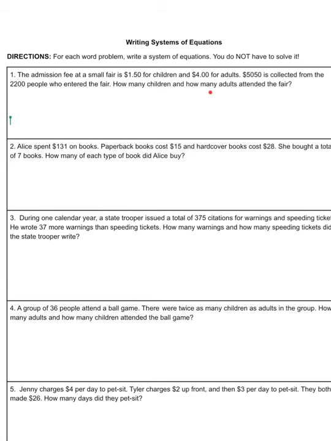So right here, this last part gives you a big clue of what you need for your two variables. So you need to determine how many children attended the fair and how many adults attended the fair. So the answer you're looking for is how many children and how many adults, which tells you those are the two variables you'll be solving for.